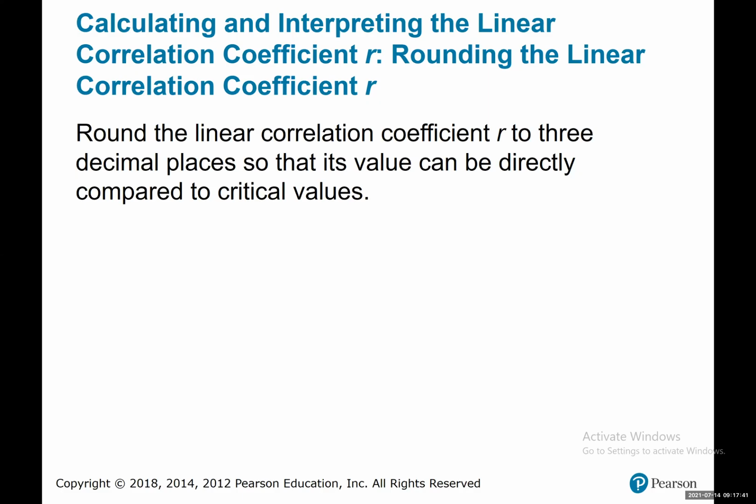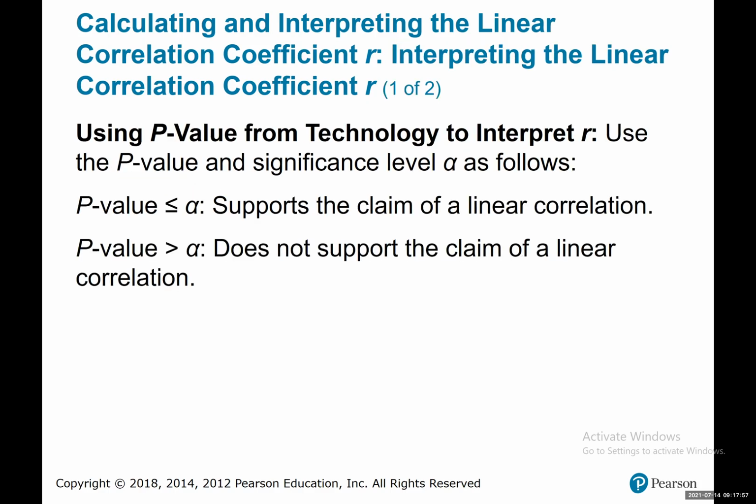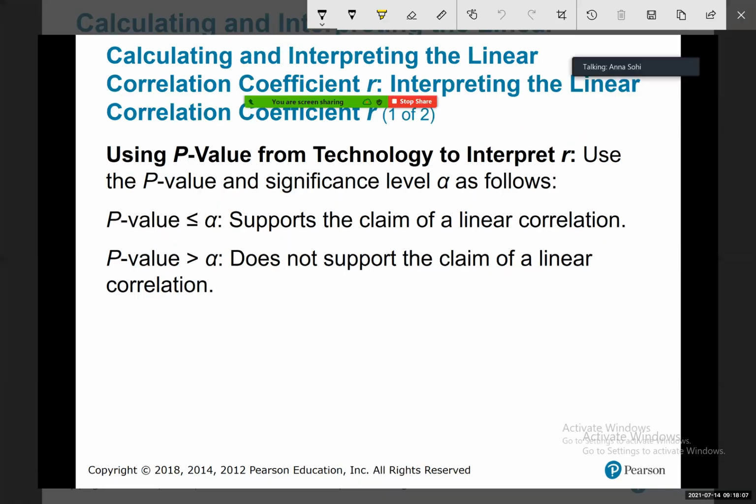Okay, the rule of rounding is to round to 3 decimal places for r. So exactly like before, if p-value is less than alpha, we support the claim, and we said null hypothesis is rho equal to 0, meaning no correlation.